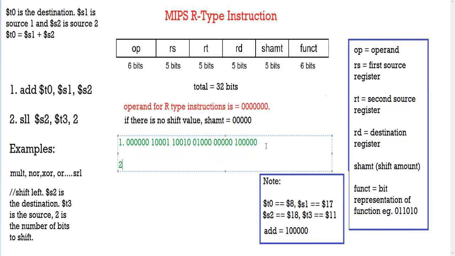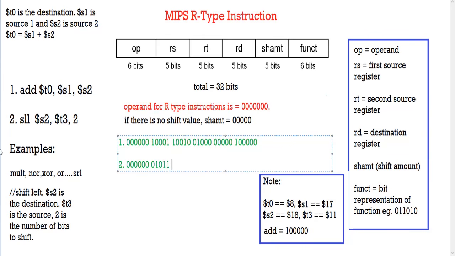Now for the next one, let's move on to SLL. Again, we start off with 6 zeros. Now our first source register is T3. T3 is represented by register 11, so it's going to be 0 1 0 1 1. That's for 11.